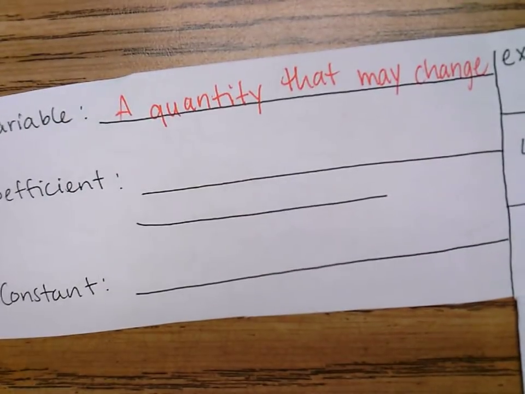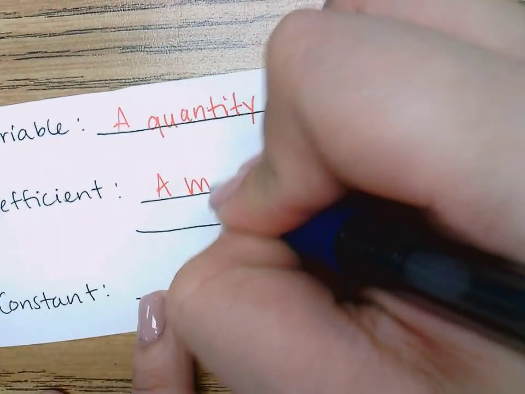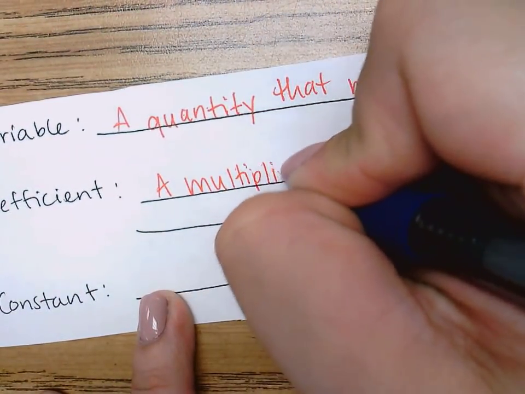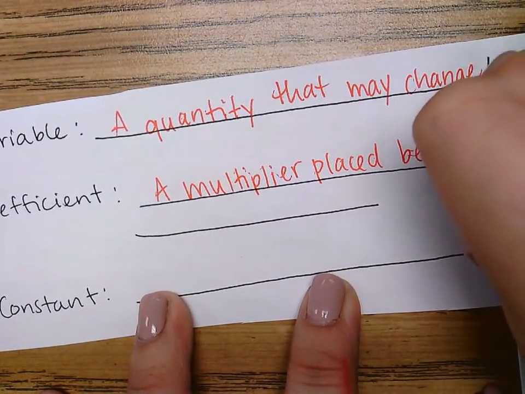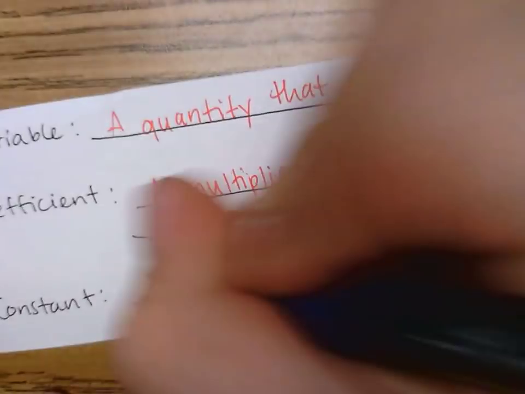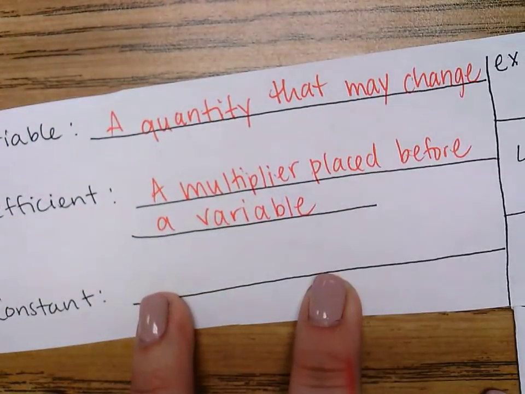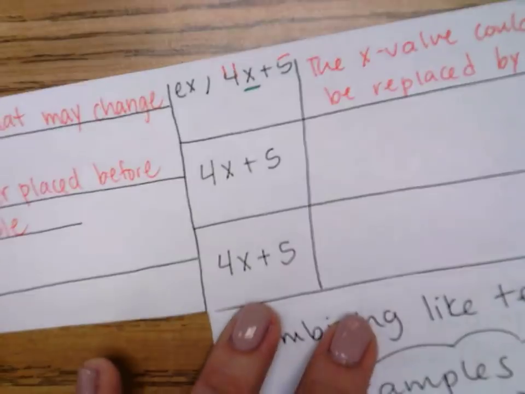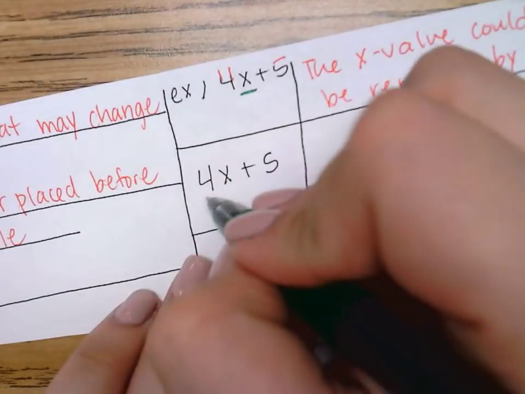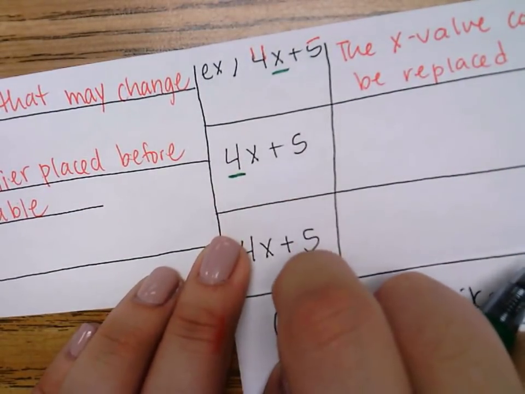A coefficient is just a multiplier placed before a variable. In this example, your coefficient would be your 4 because it's before your variable.